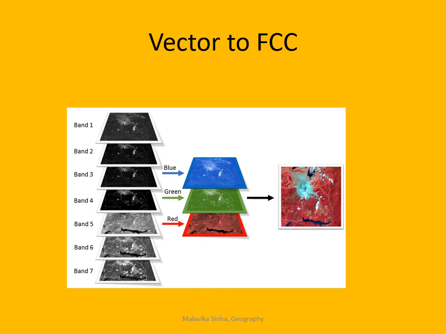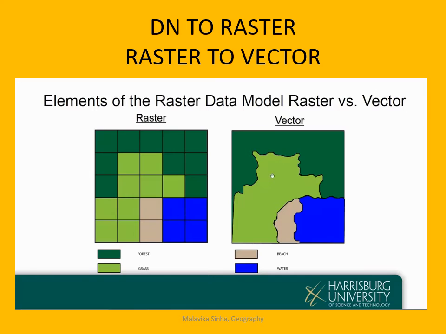Vector data is normally represented by points, lines, and polygons. After the conversion of raster data to vector data, we can get that kind of information. After conversion, we have to go for the false color composition, rather the standard false color composition. Let's have a look. This is a raster data structure.